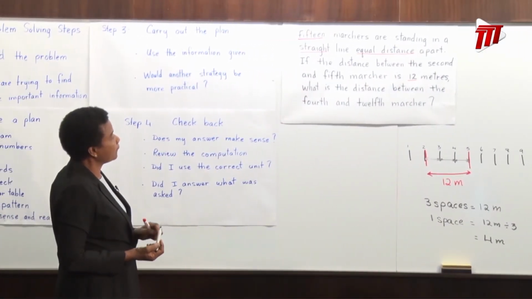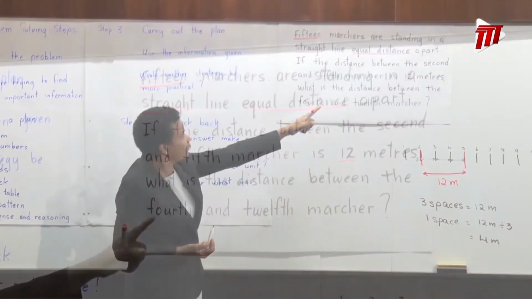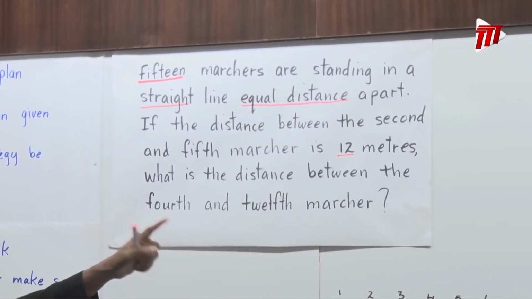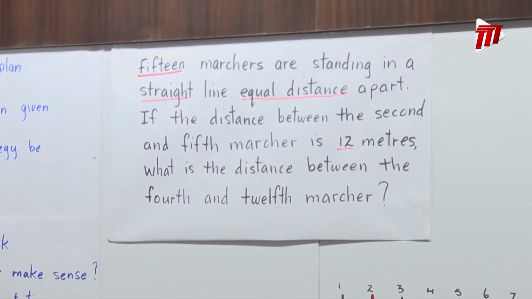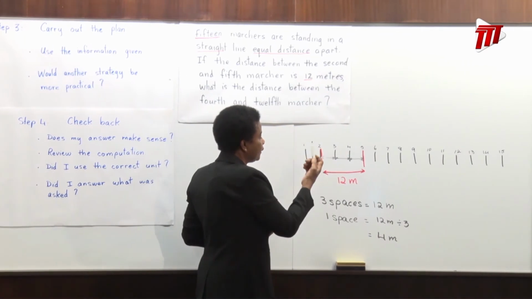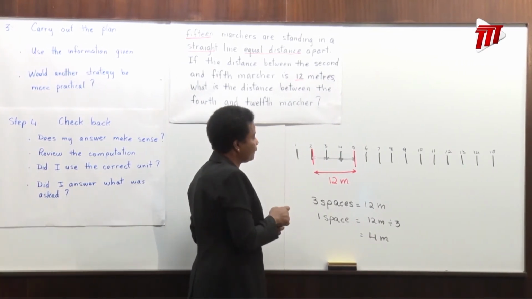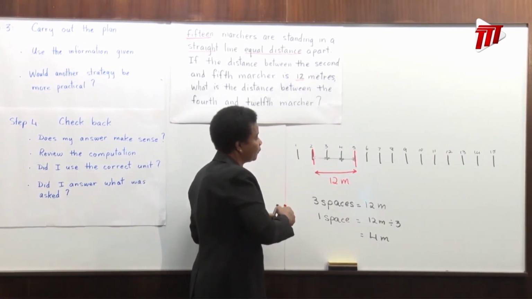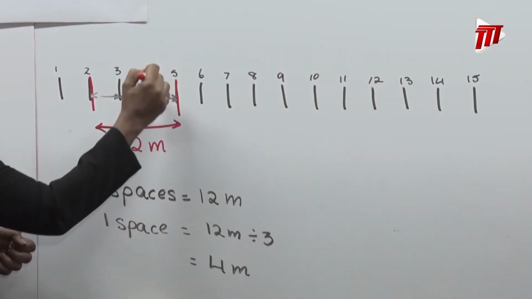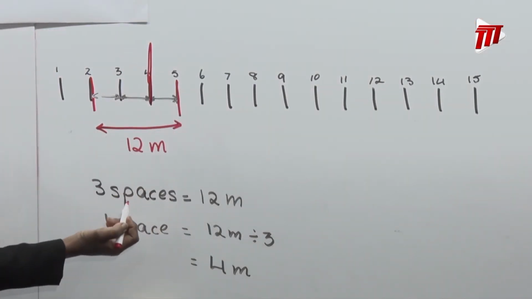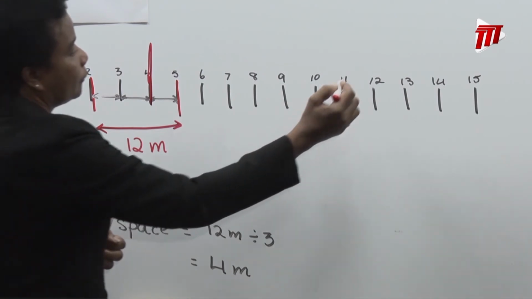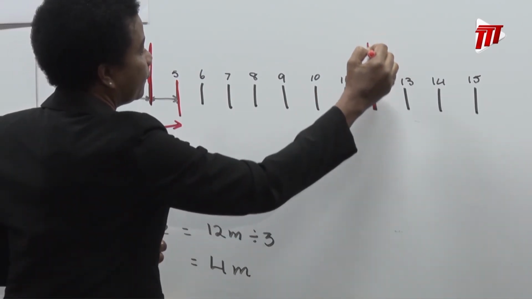The question asks, what is the distance between the 4th and 12th marcher? Remember, the marchers are equally spaced. So let's identify our 4th marcher, which is this one here, to our 12th marcher, which is this one here.